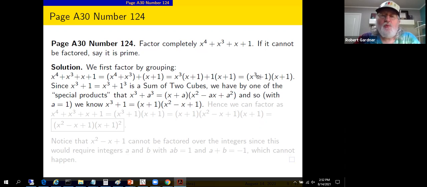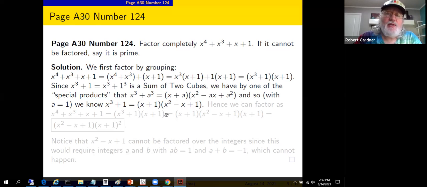x cubed plus 1 equals this if we take a equals 1. And we do have to take a equals positive 1 this time because of the odd exponent. Negative 1 won't work. So if we plug in a equals 1 to this formula, we get x cubed plus 1 equals x plus 1 times x squared minus x plus 1. So in fact, the x cubed plus 1 stuff is not prime.